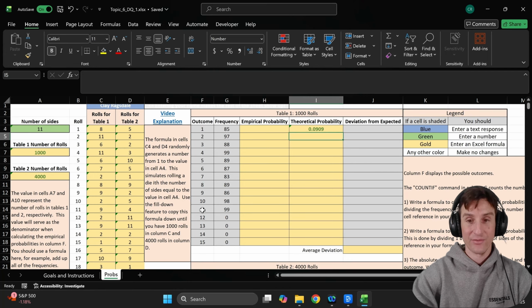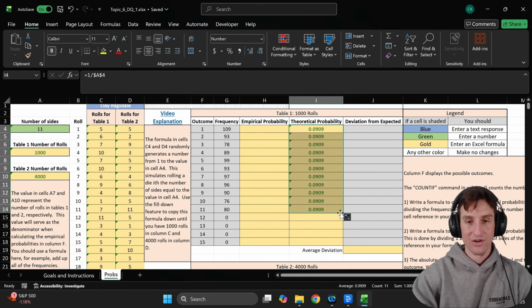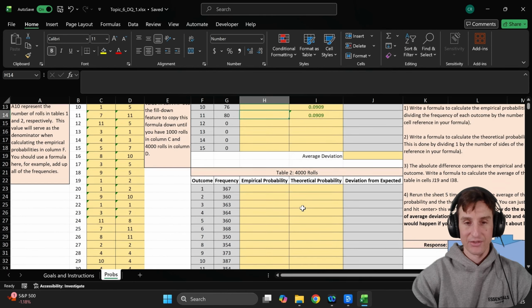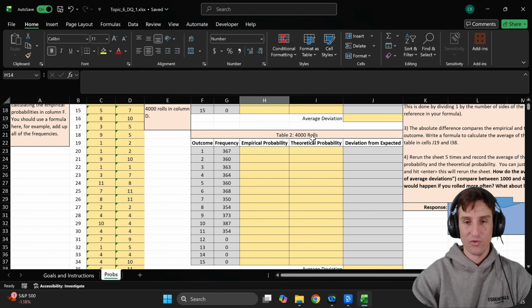My die only goes up to 11. So I don't want to drag this all the way down. I'm going to just stop at 11. And these are all identical. Again, do not worry about the updating. And the even better news is, not only is it true there, it's also true down here. Just because I roll the die more times doesn't change the theoretical probability.